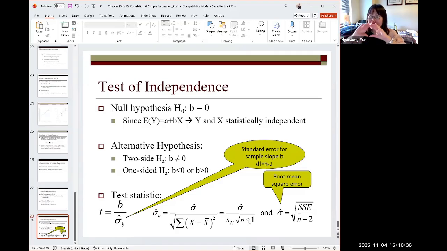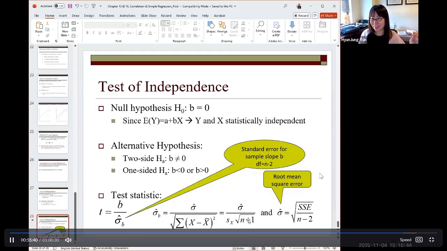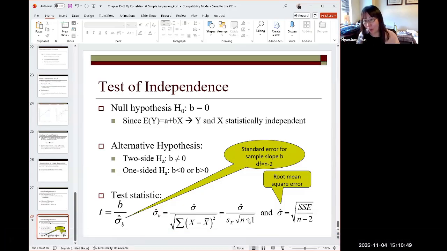Then we want to know whether this equation model is worthy, whether it is statistically significant or not together. That's the F test. So I want to leave the whole equation model's statistical significance for the discussion of the multiple regression model, which is the topic for next week, okay?